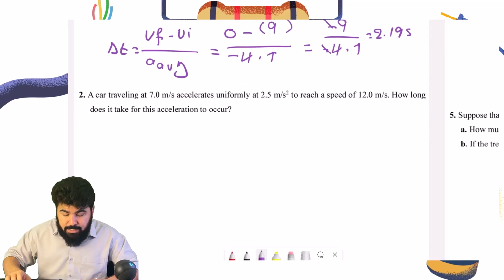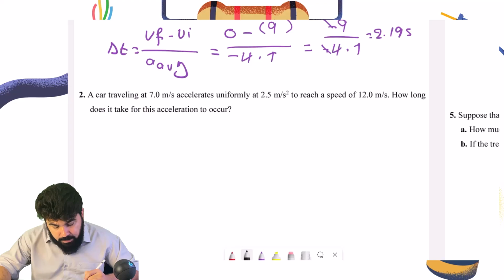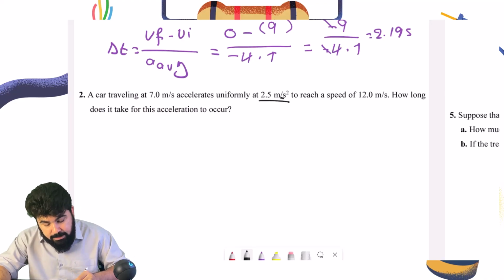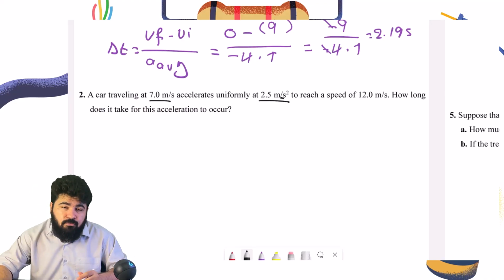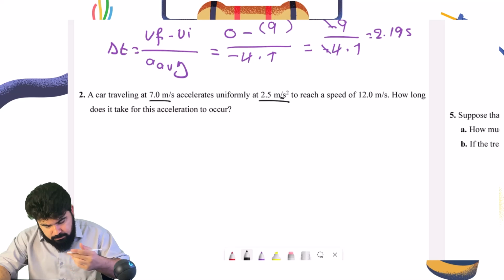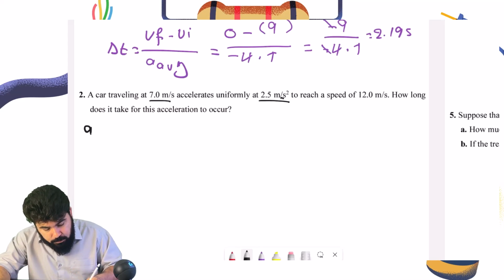Question 2 says a car traveling at 7 meters per second accelerates uniformly at 2.5 meter per second squared to reach a speed of 12 meter per second. Let's leave this here because we don't know if it's v final or v initial, but it will be clear once we read the question. Acceleration is equal to 2.5 meter per second squared.